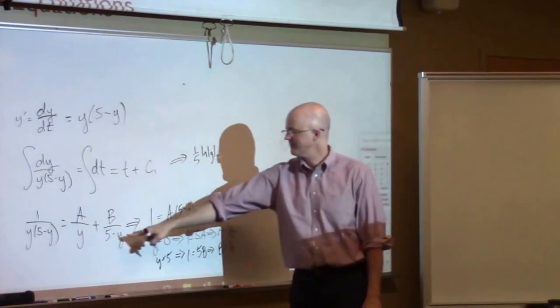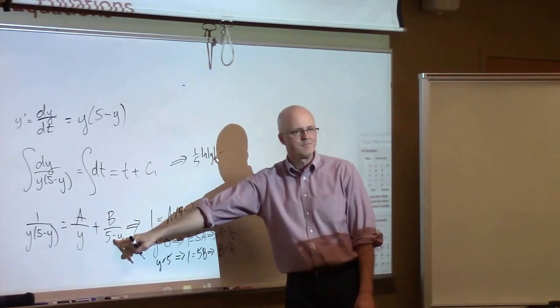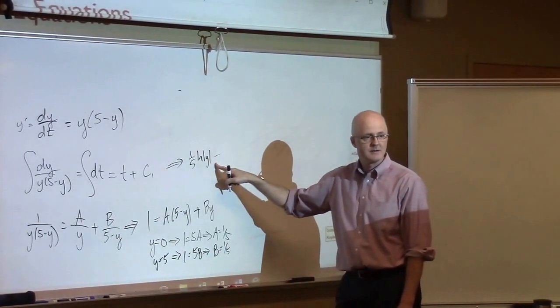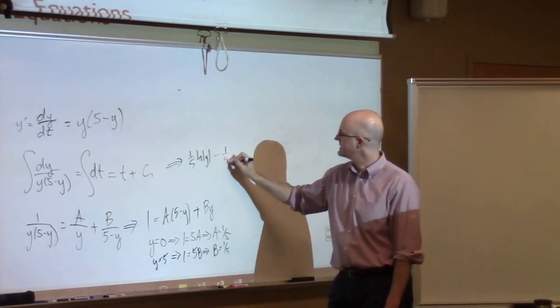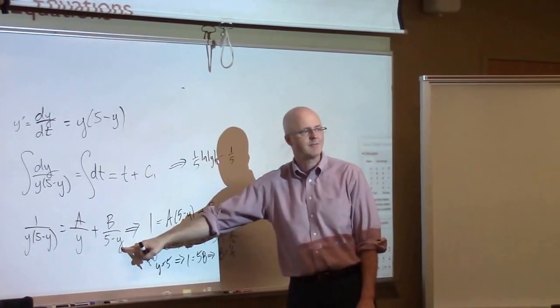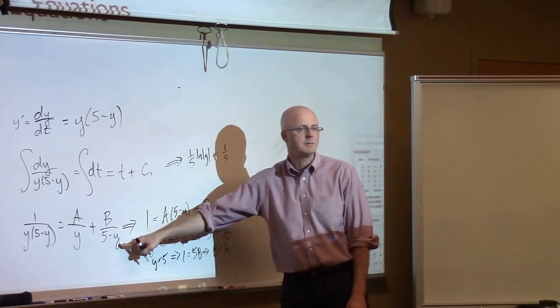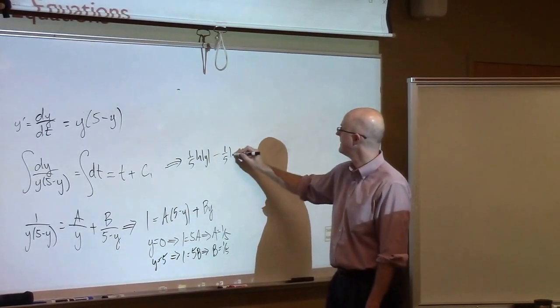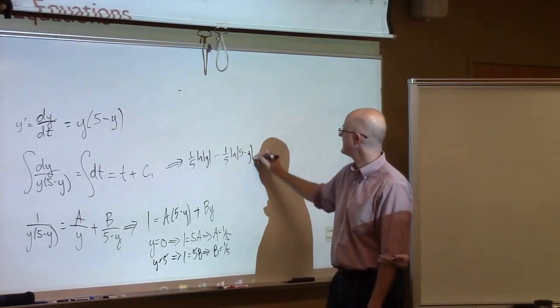And careful, because of the minus sign here, you're going to get a minus sign there when you integrate it. If you did a substitution, you'd let w equal 5 minus y. dw would be negative dy. Put absolute value signs in again.